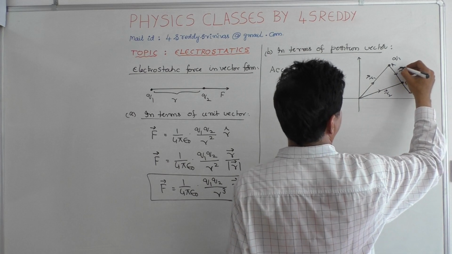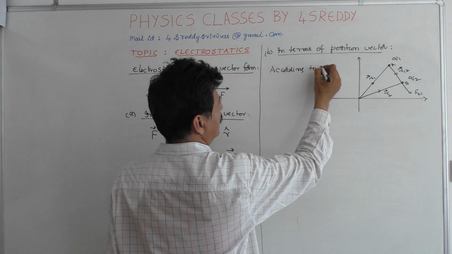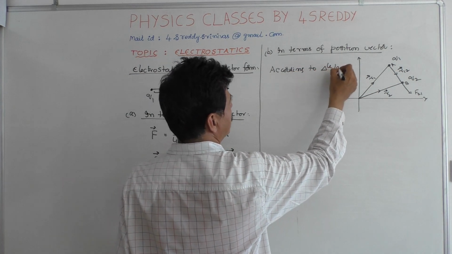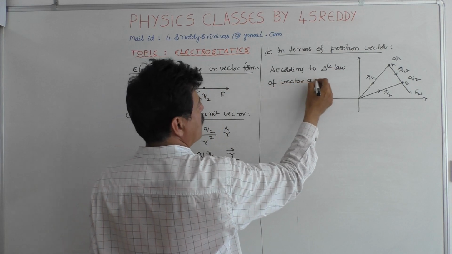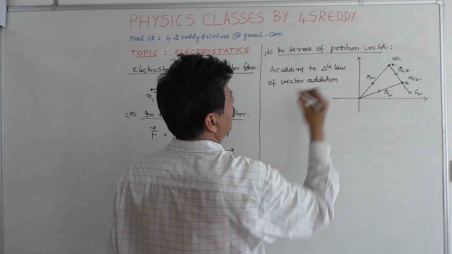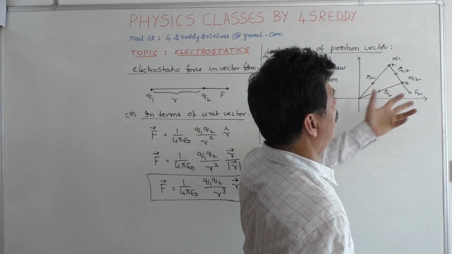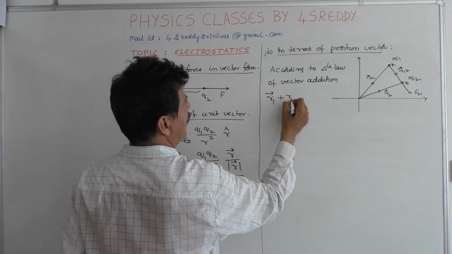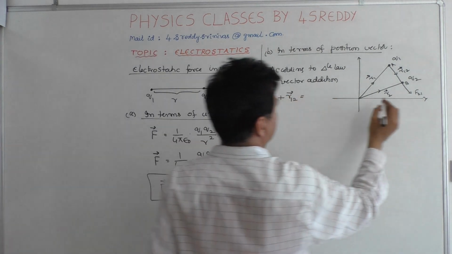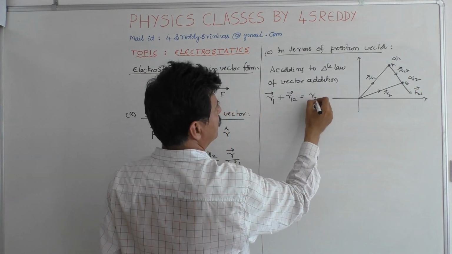What will you get? These two are in the same direction, this one is opposite. Therefore, R1 bar plus R12 bar must be equal to R2 bar.